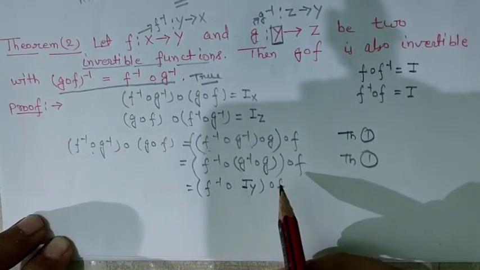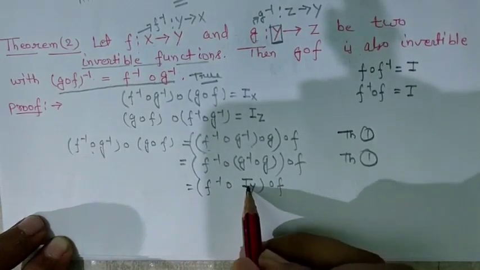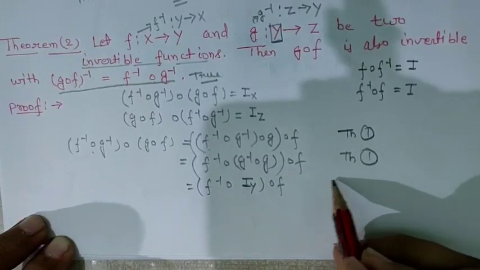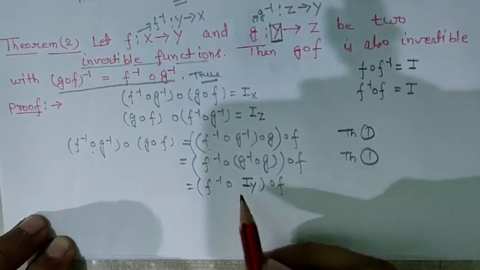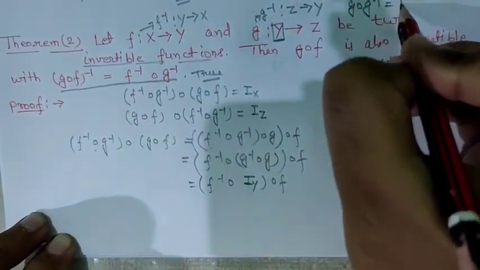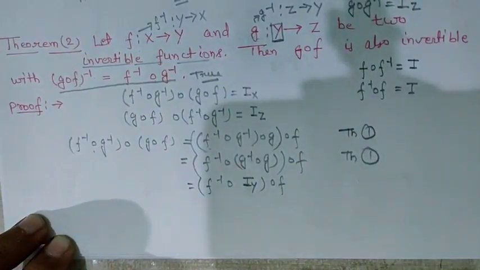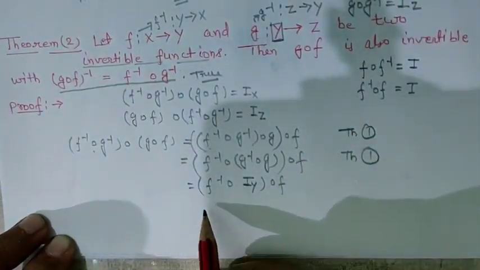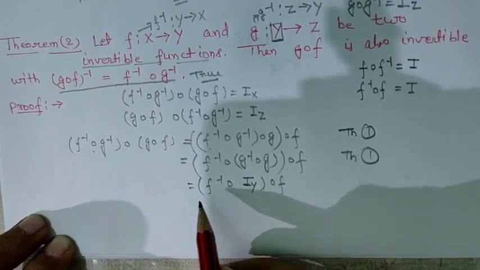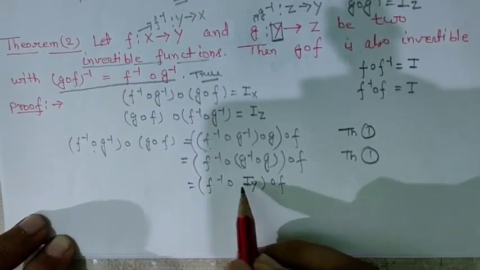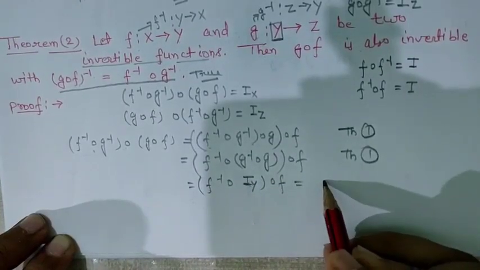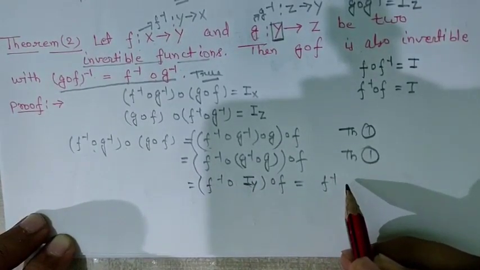Why are we saying it? Because g is an invertible function, so if both exist, then we can say g o g inverse is I_Z. We are using this property here. From this we can again say f inverse o f o I_Y will give you f inverse only.